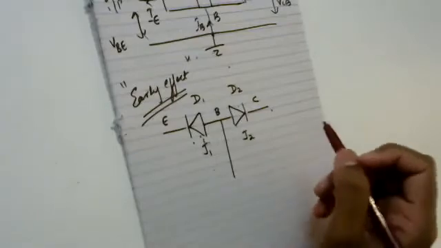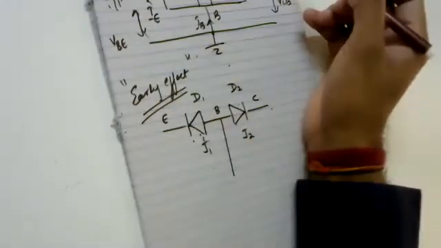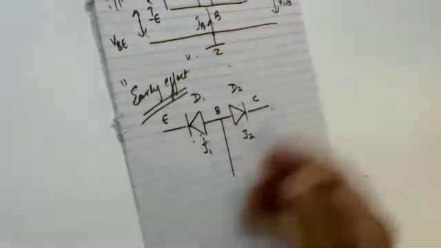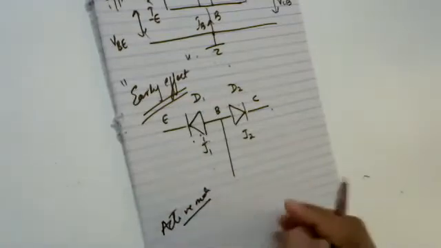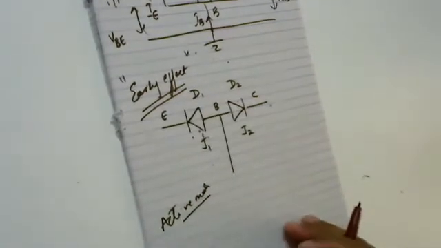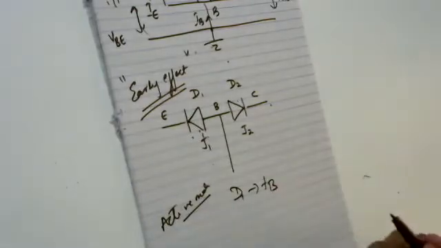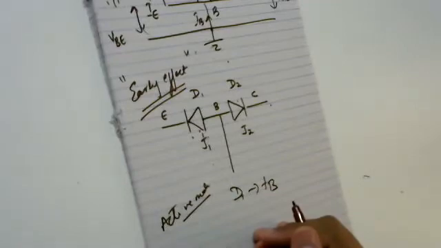Now, in order to get this input characteristics, we have to operate this transistor in active mode. It means my diode D1 has to be forward biased, so that I can get the input characteristics.